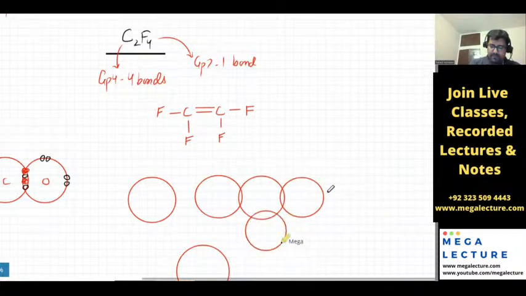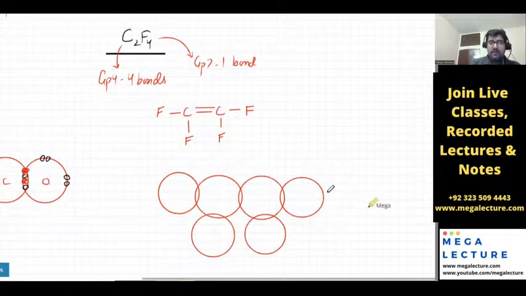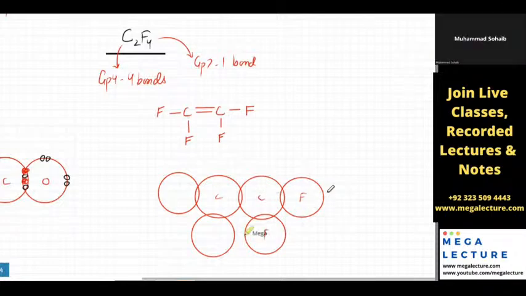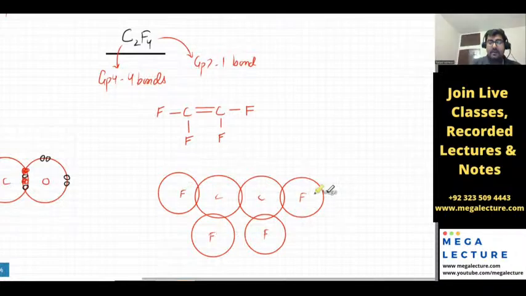So I've got 2 carbons and how many fluorines? Carbon, fluorine. So now they've got a double bond in the middle. So that's 2 electrons each shared. A single bond over here, a single bond over here, a single bond here, and a single bond over here. ऊपर वाले को follow करो, that's it. And remaining electrons of carbon, does it have 8 electrons?